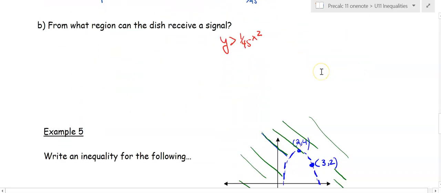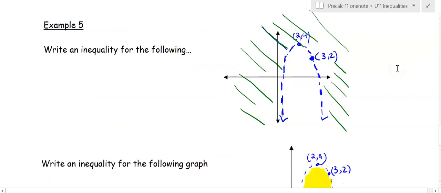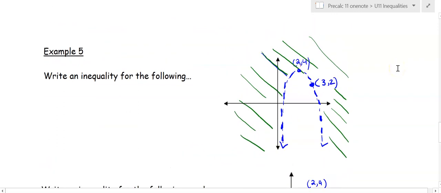All right, let's look at this one. Again, I could give you a graph, a parabola. I could give you the shading as above this parabola or greater than this parabola but not equal to, but I need to know the equation of the parabola to be able to complete it. So whenever you're given the vertex and a point, you can find the equation of the parabola.